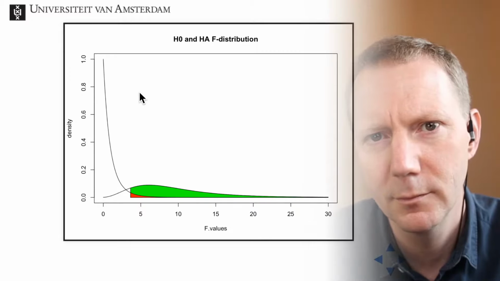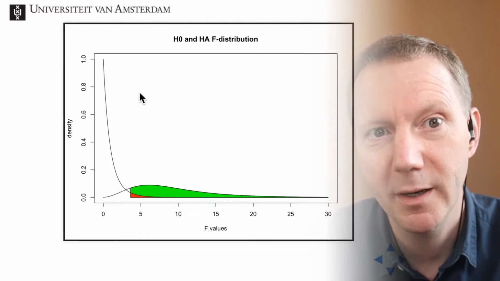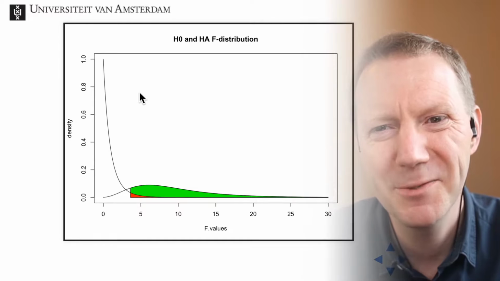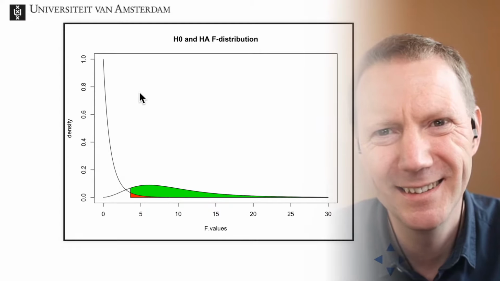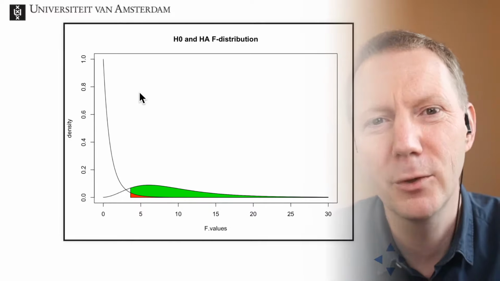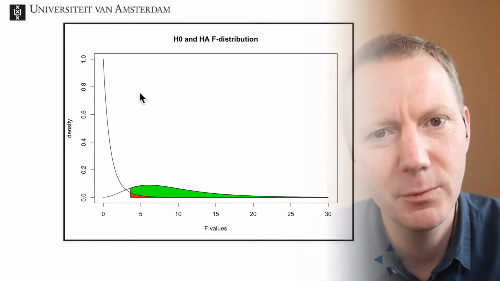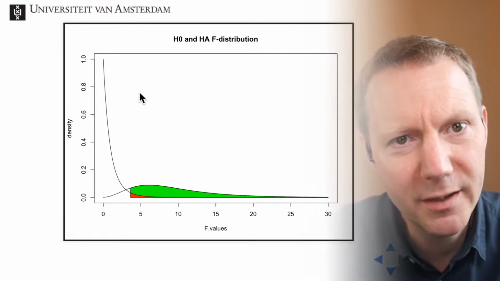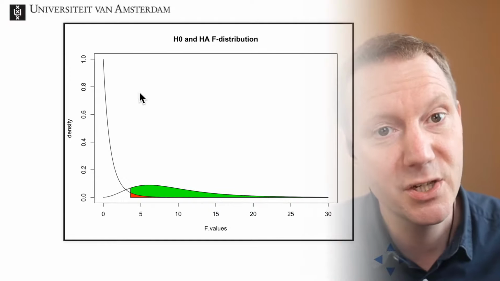Would that be 1 minus beta? Yeah, it's sure 1 minus beta, right? Absolutely. But what is 1 minus beta again? What's it called again? Power? Exactly. So the probability of correctly rejecting the null is the definition of the power, right? It's a good decision. If this other distribution would be true, then that would be a good decision.